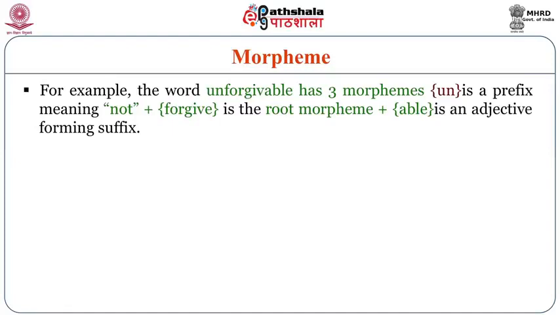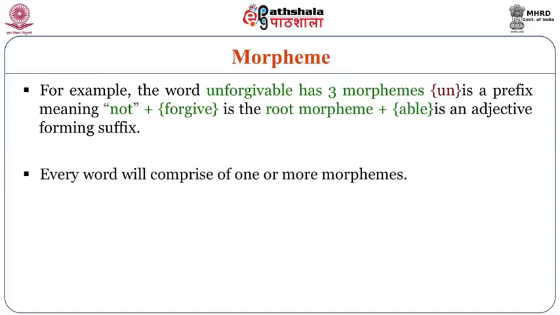For example, the word unforgivable has three morphemes. Un is a prefix meaning not, plus forgive is the root morpheme, and able is an adjective forming suffix. So with these three it becomes unforgivable.